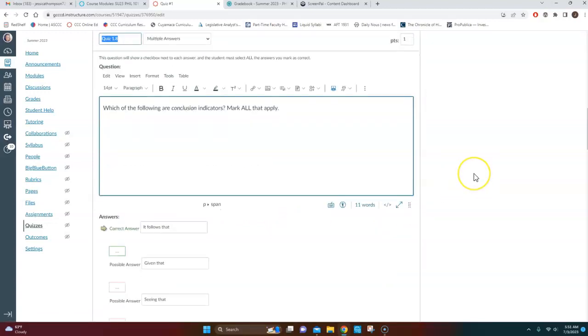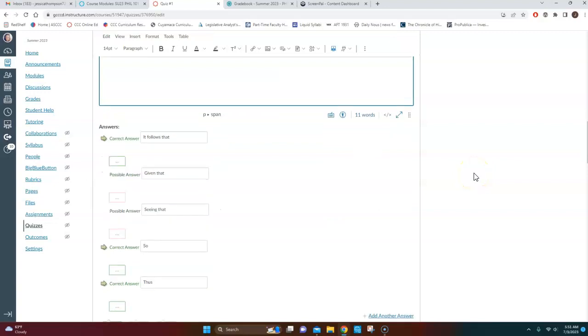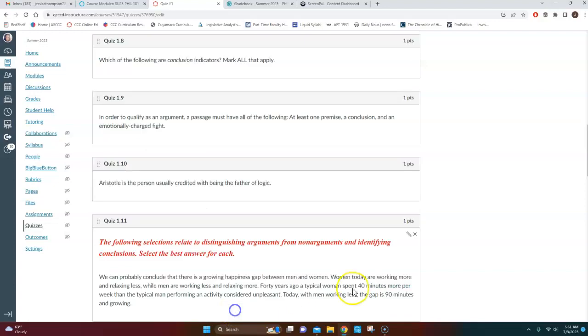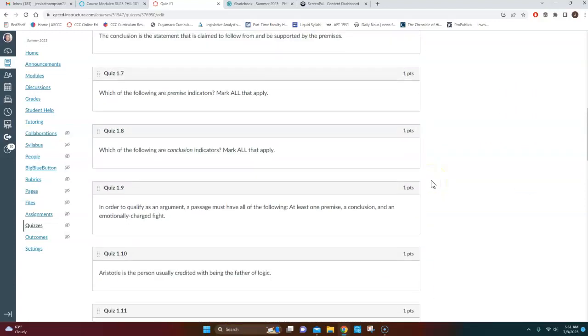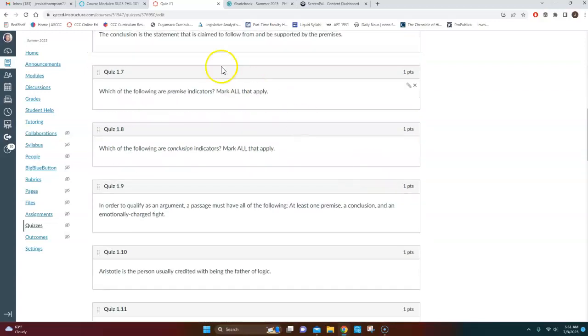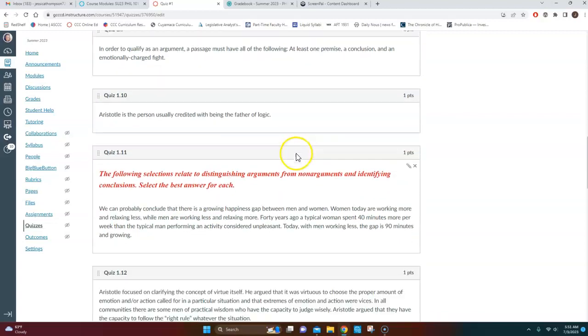So anything that says mark all that apply are multiple answers. So you can see here, you're given 5 choices, and these are the right answers. So there's one in the bag for you. Okay? So choosing multiple answers is a possibility for this question, this question, this question, and this question. Okay.